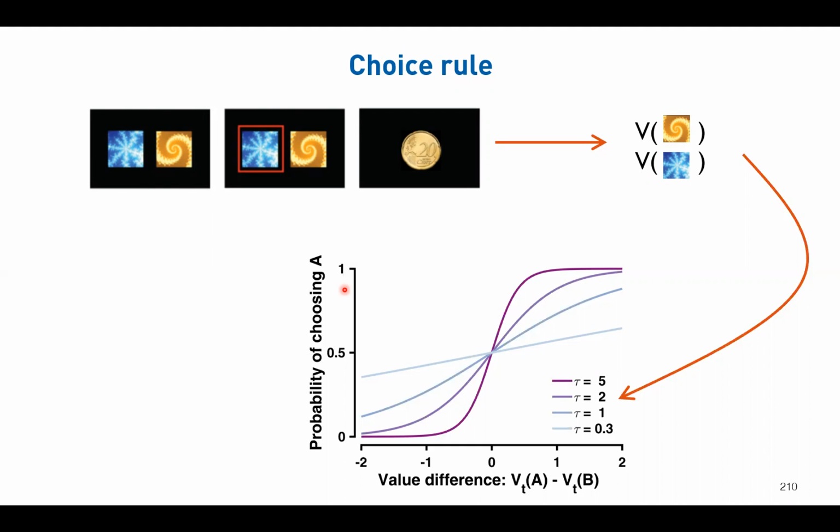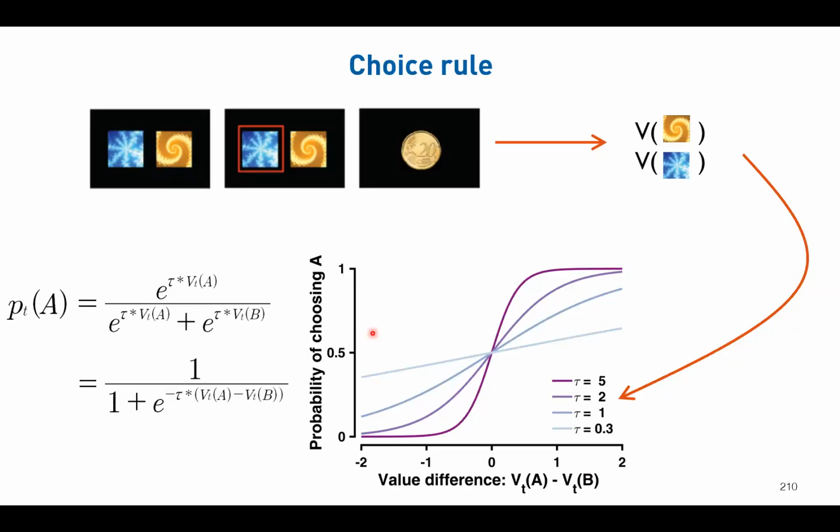On the other hand, if the value of the blue is close to the value of yellow, you will have a hard time deciding which one to choose, okay? This is not so challenging to understand, I guess. What this line does is basically convert action value to action probability, okay? You do not really have to worry too much about the details, but the shape of the curve is more important.